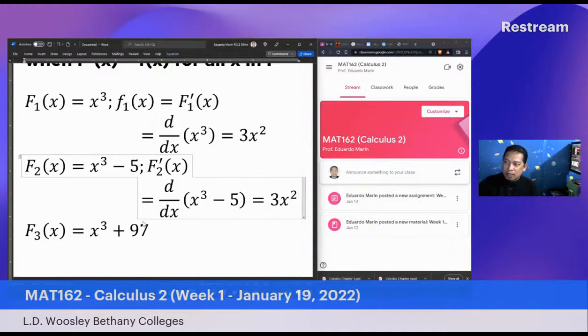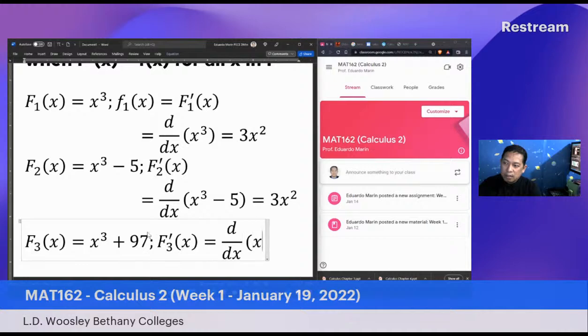So how about the third one? The same is true with the third one. If we compute f of 3 prime, this would be the derivative of x cubed plus 97.